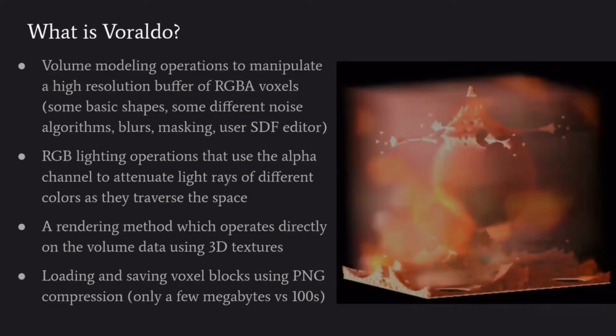There's a high resolution buffer of RGBA values, and there are different ways to manipulate it. Along with that, there's a 3-channel lighting buffer, which is used to scale those values, and there are different ways to put values in, which I'll explain a little bit later.